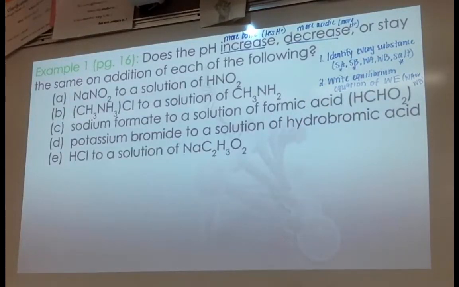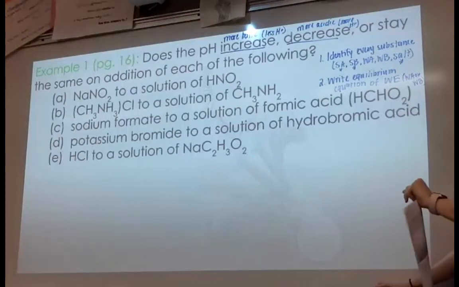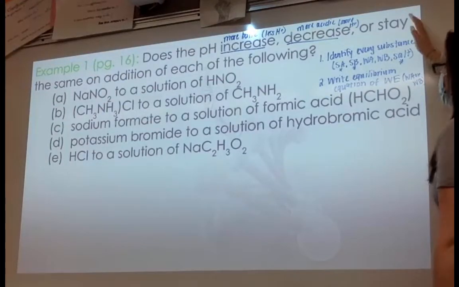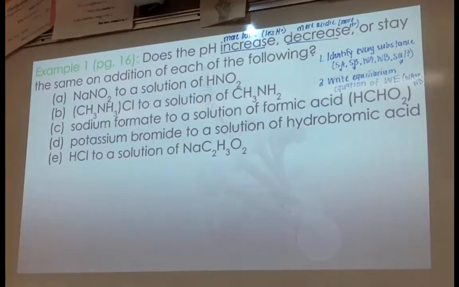If it's not at equilibrium, there's no shift. There's no Le Chatelier's principle happening, or there's no Q versus K happening. We always need a strong electrolyte, so a strong acid, strong base, or a salt. We always need a strong electrolyte in order for there to be a common ion problem, because we're looking for what they have in common.